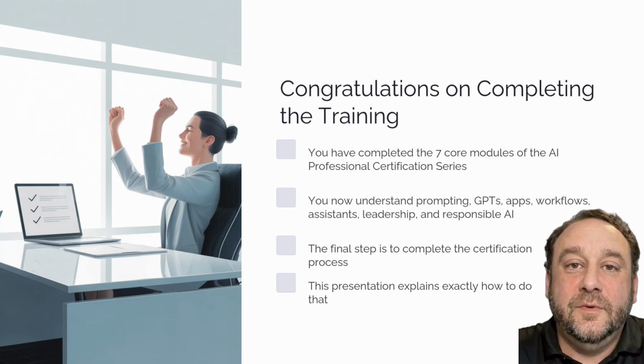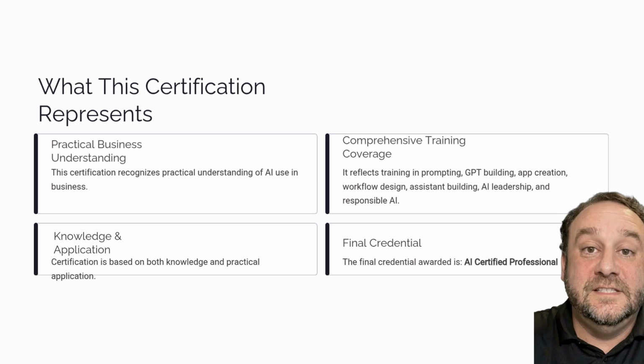The certification process is designed to confirm that you not only watched the training, but also understood it and can apply it in a practical way. This module will show you exactly how that final step works and what you need to do next. This certification represents practical understanding of how to use AI in business. It is not just a participation badge, and it is not based only on watching videos.